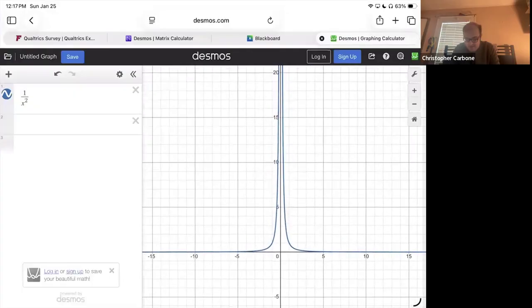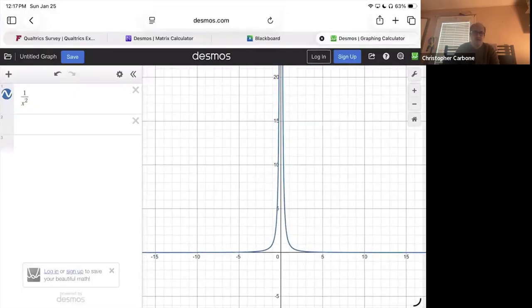As we approach that 0 here, we can see the left and the right hand side both increase without bound, right? I attempted to get closer and closer to 0, and it's still getting off the page, so I can't really show too much. But it keeps going up on the left and the right.